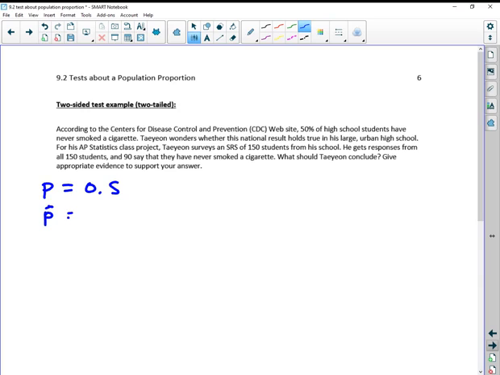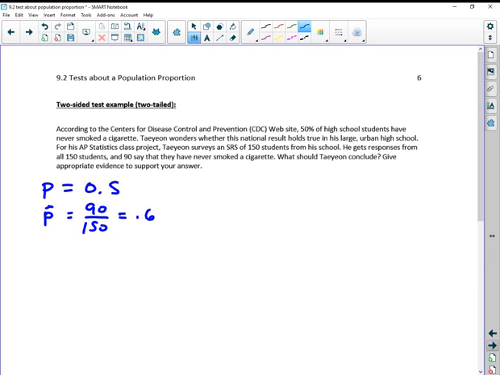But we go out and take our sample at a large urban high school. That's good, that's going to help our independence. Every time is going to be different, but this time they got a 0.6.